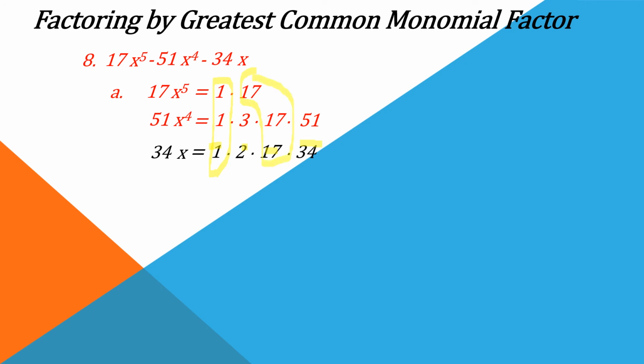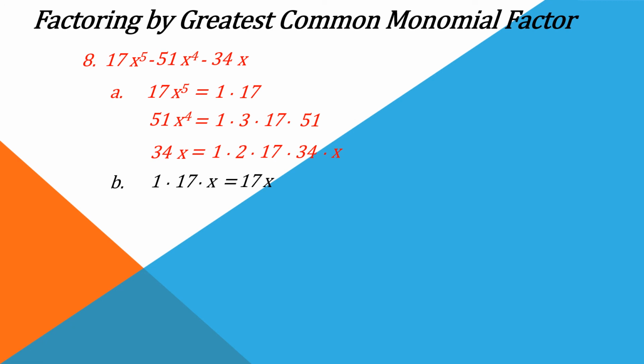Now the least exponent of each term in this polynomial is x. Combined with 1 and 17, we have the greatest common factor as 1 multiplied by 17 multiplied by x, or 17x.